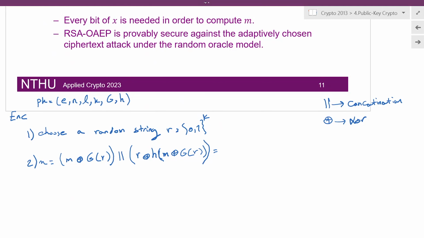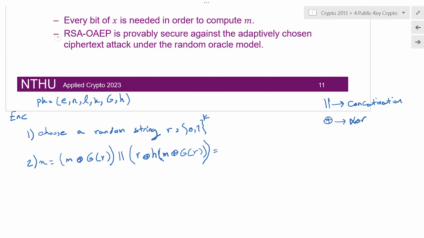So let me make some variable names here. I'm going to call this one A, and this whole thing over here I'm going to call B. Notice that you see M XOR G of R inside this hash function.